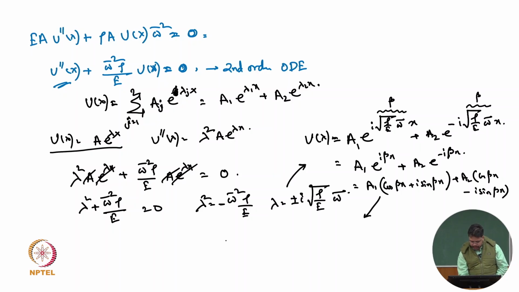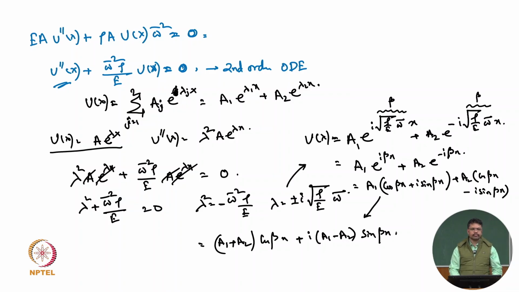So what can I write from here? This can be written as a1 plus a2 times cos beta x plus i times a1 minus a2 times sin beta x. So you can also say c1 cos beta x plus c2 sin beta x.